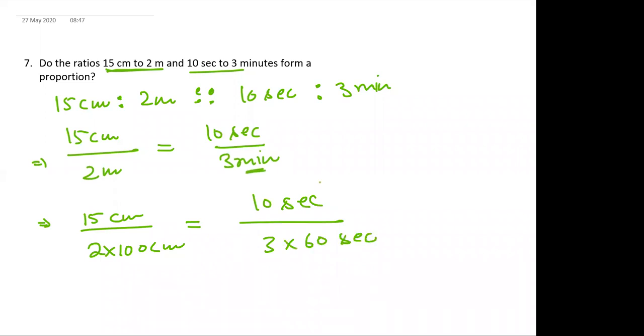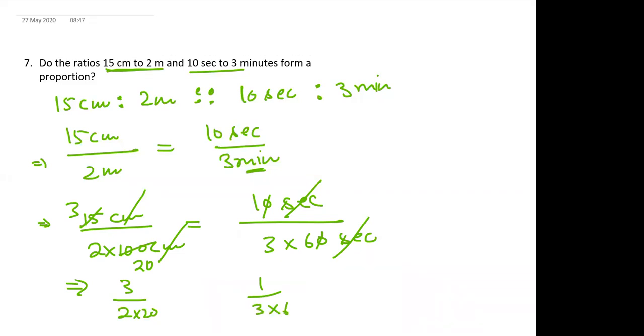Now second cancels, centimeter cancels, 5 3s are 15 and 5 2s are 10, and 0 as it is. Now 0 0 cancel here. So here you will get 3 upon 2 into 20, and here 1 upon 3 into 6.